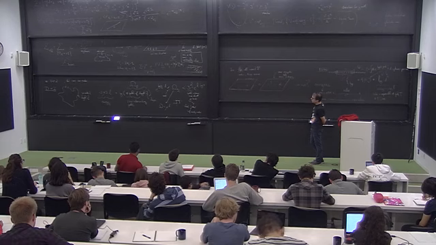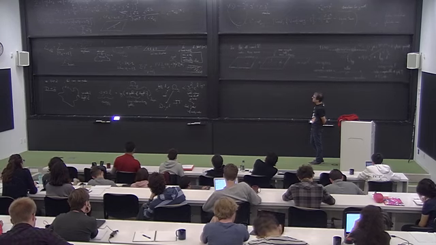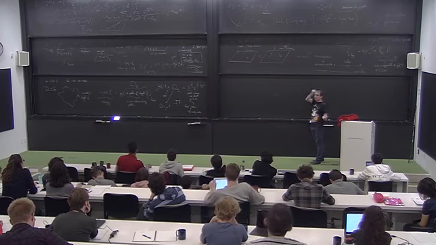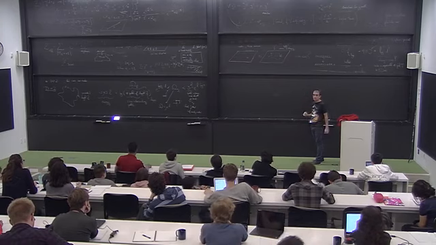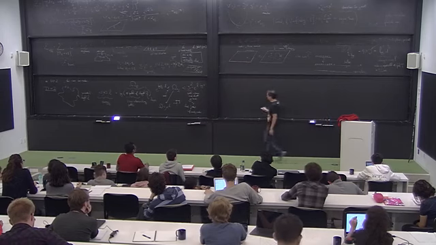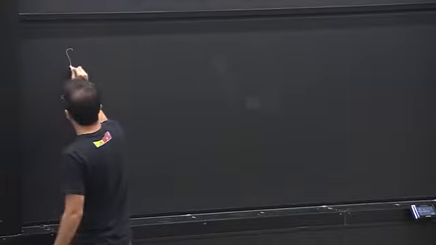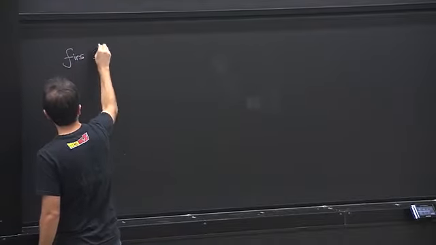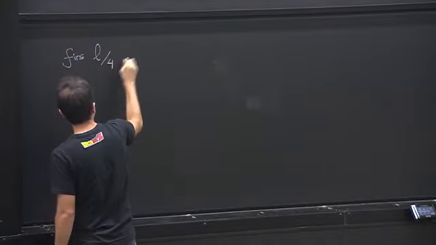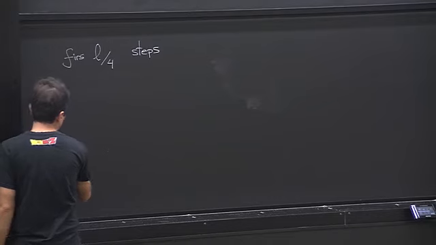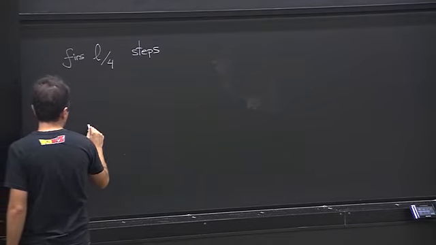So what we want to do is to construct an exponentially large number of closed paths of length L. What can I do? I first do L over 4 steps, and at each step I just go right or up.